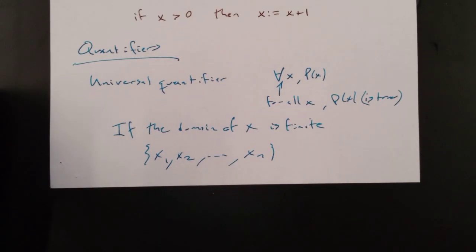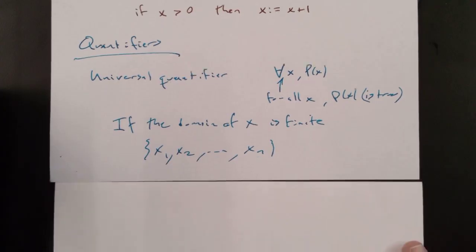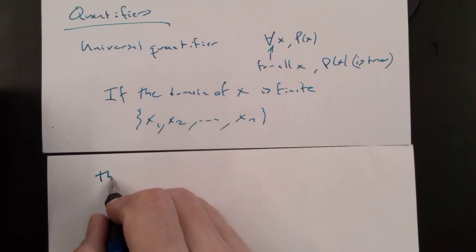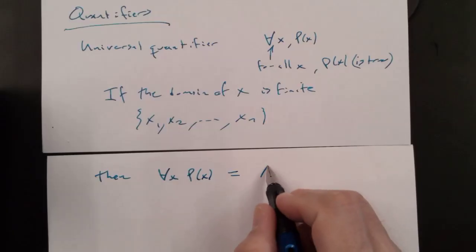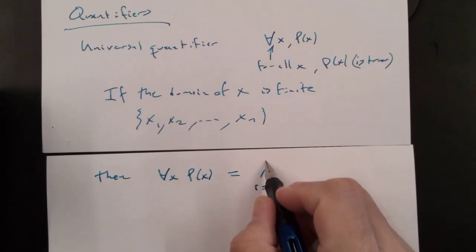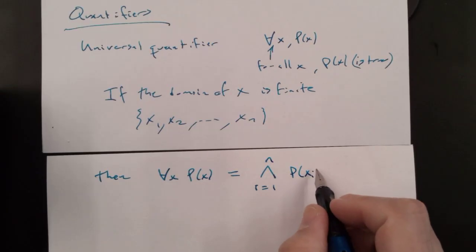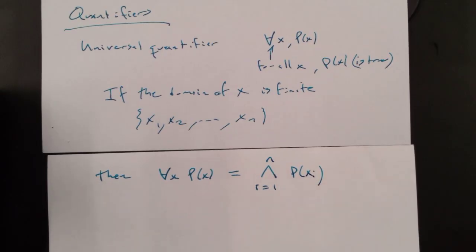And what I've said up there is for all x, P of x is true. That's the same as saying it's true for x1, and it's true for x2, and it's true for x3, and so on. Then we're really doing a giant and statement.